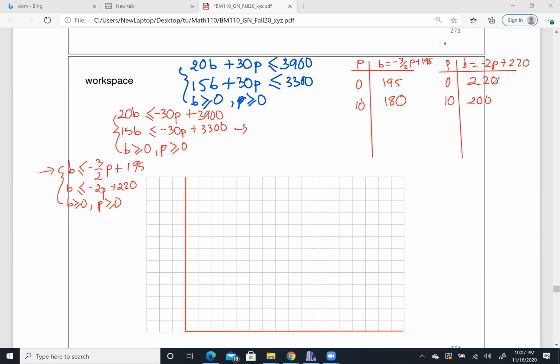Okay, so use another color. The first one has 0 and 195.